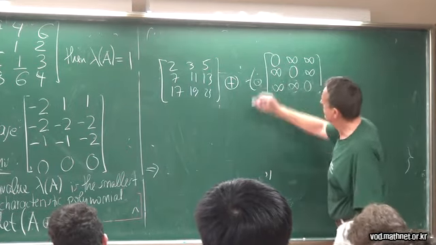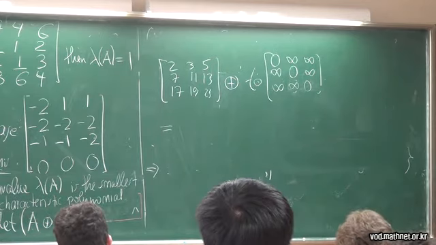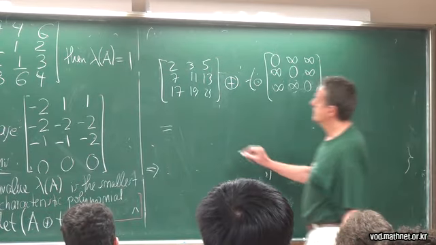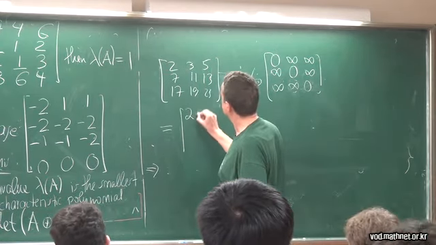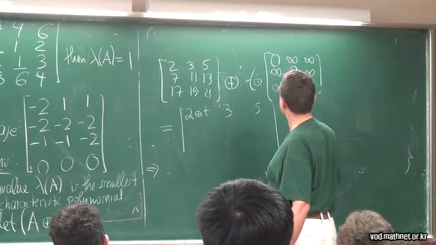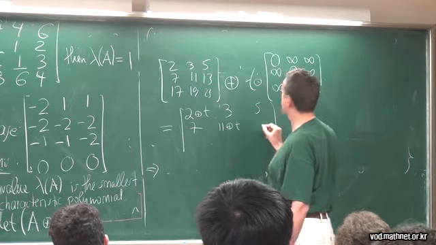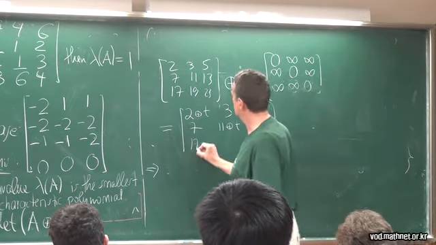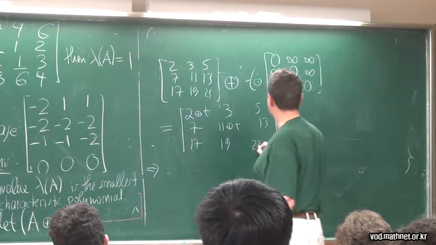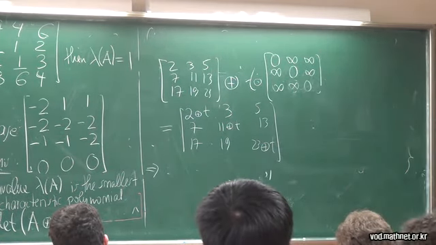And this is tropical. So now we get 2 plus t, whichever is smaller, 3, 5, 7, 11 plus t, whichever is smaller, and then here 23 plus t. Now we take the tropical determinant.